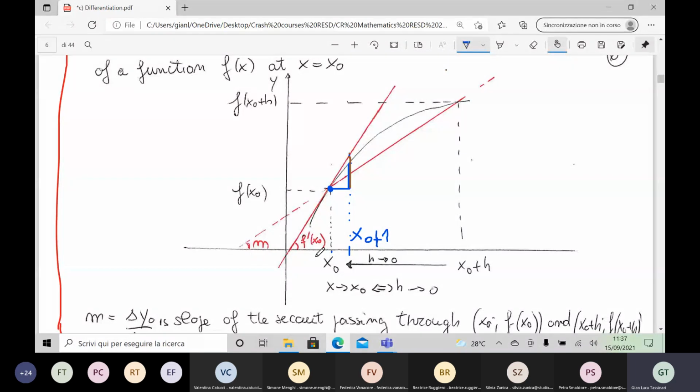But consider in this picture also an increment of length h. So go here, x plus h. Go above, until you touch the graph of your function. Well, now plot the straight line passing through these two points.